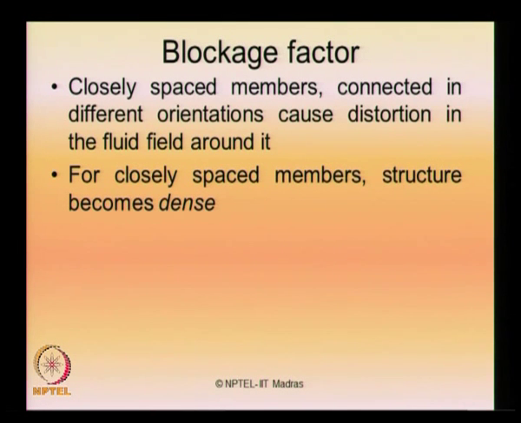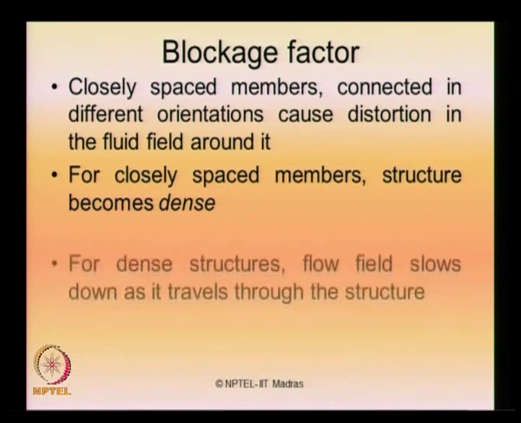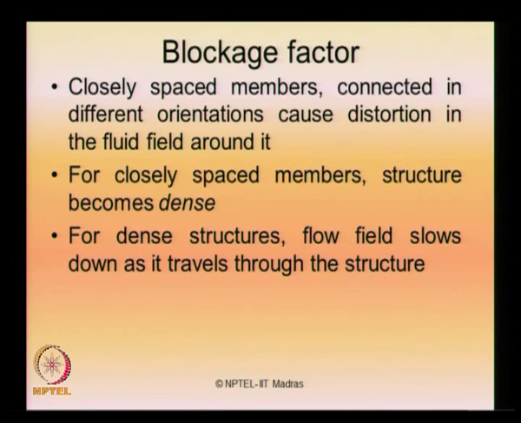For closely spaced members the structures become what we call dense. For dense structures the fluid flow slows down as it travels through the structure. It is very important, it becomes a cluster. When it becomes a cluster then the velocity of fluid is retarded, it slows down.